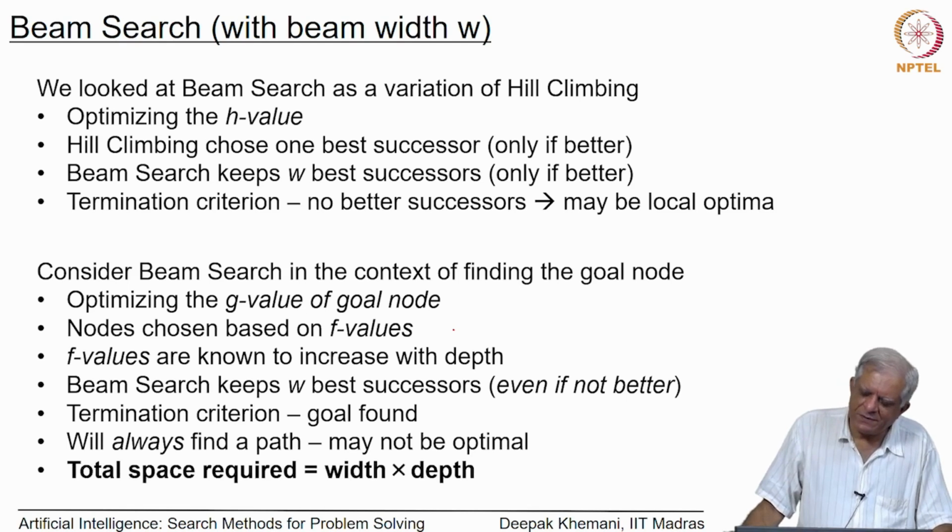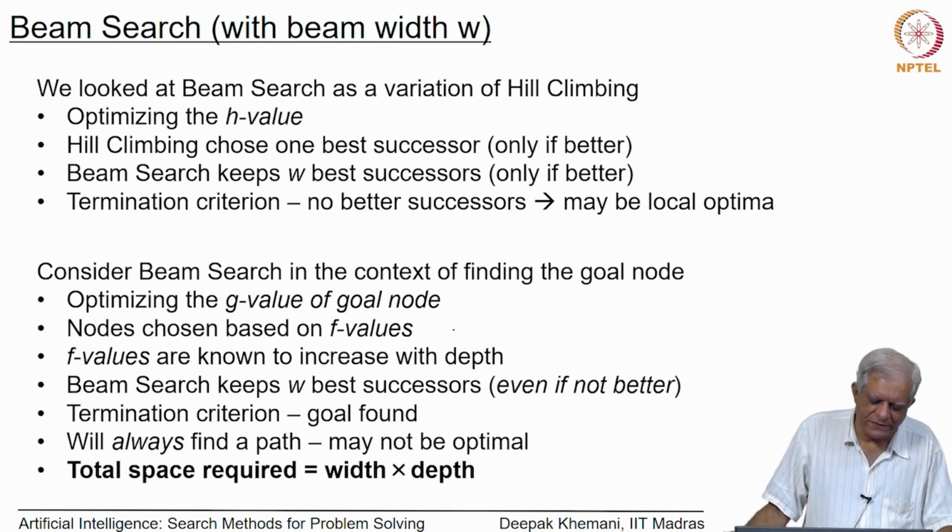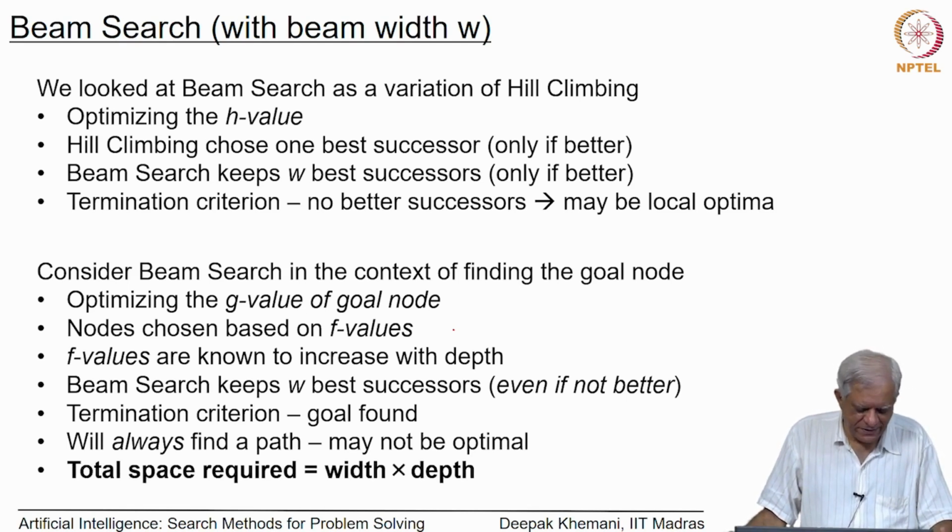The important thing about beam search for us, which is from the space perspective, is that it requires less space. The total space required, which is open plus closed, is width into depth. Width is the number of nodes at each layer that you are keeping, and depth is the number of layers that you are exploring. So, the space requirement of beam search is linear in nature.